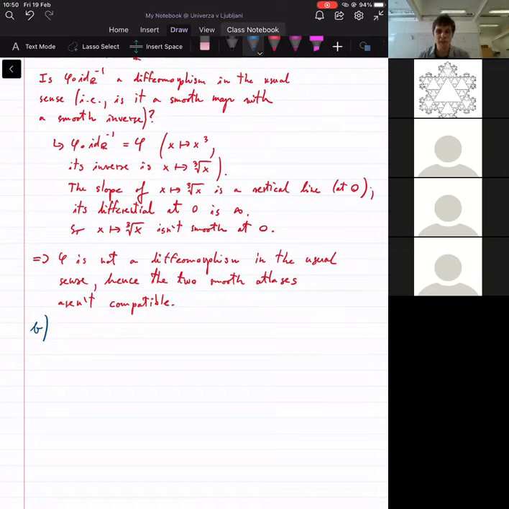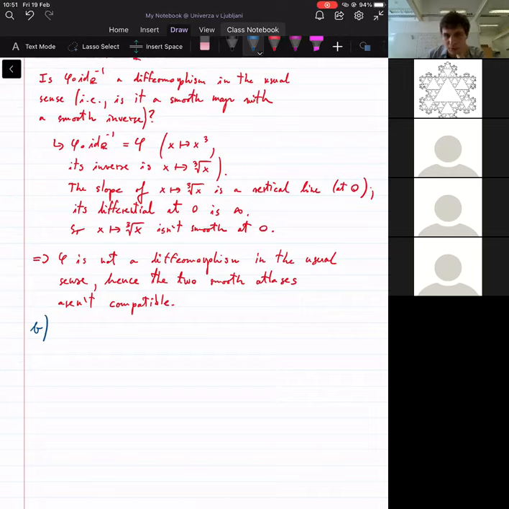Okay, so what does it mean for a map to be a diffeomorphism between two smooth manifolds? How do we define a diffeomorphism of two abstract manifolds? Via topology, so that it maps open sets to open sets.